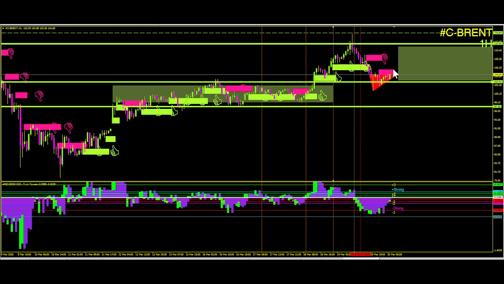So if it can get above and close above right in here, okay, if a candle closes above there, and then it starts gaining some momentum, then it could make a stab and go higher. So right now we're just going to watch and see what happens. At 2:46 a.m. Eastern time, it's not a good time for it to have strength.